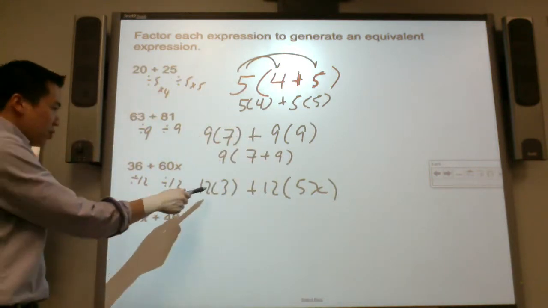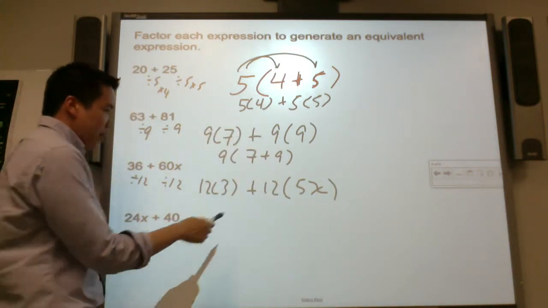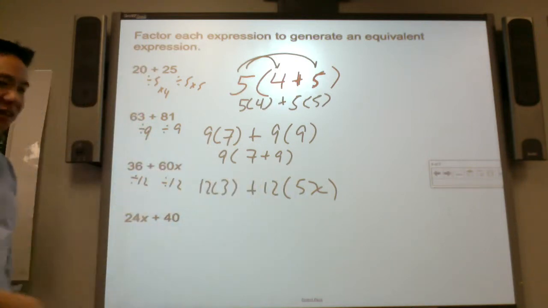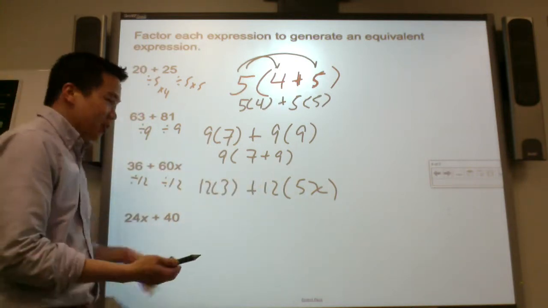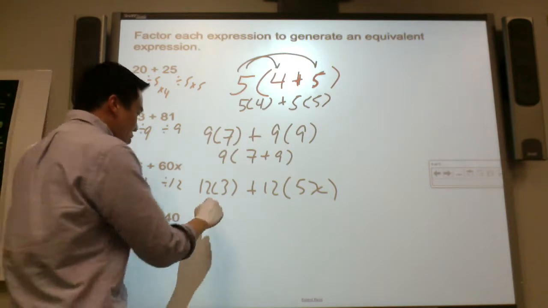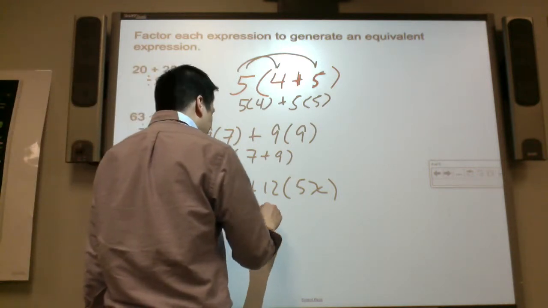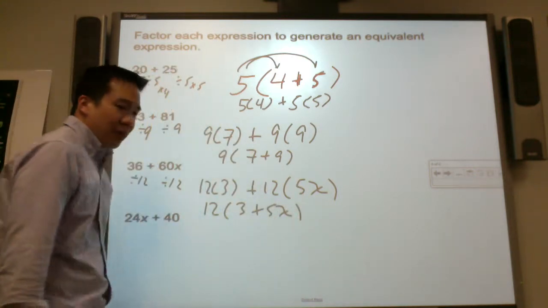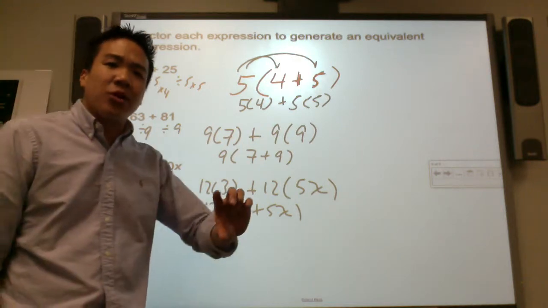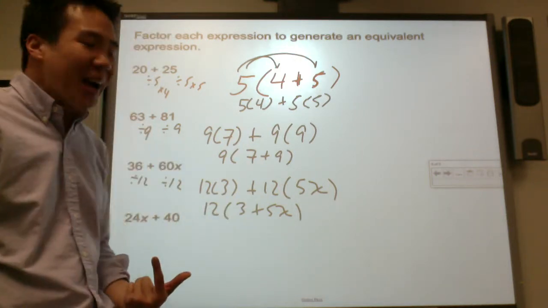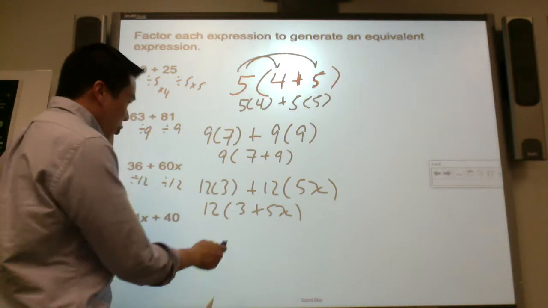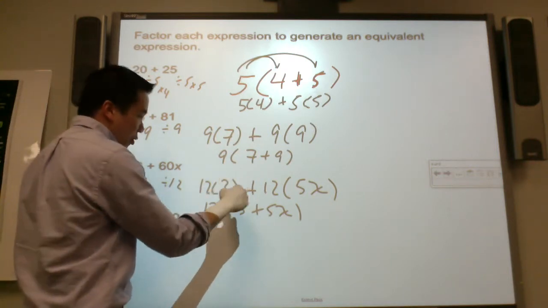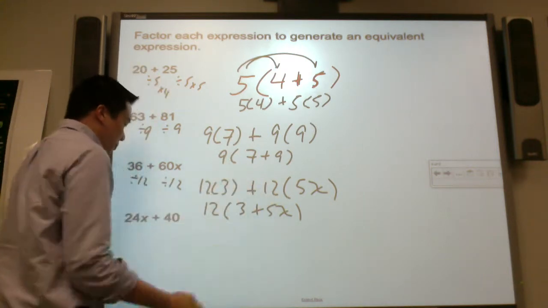So 12 groups of 3 is the same as saying 36. 12 groups of 5x is the same as 60x. Is there another one you can write? This is correct. Another way you can do it is, what about saying 12 groups of 3 plus 5x? So it's like using the distributive property but doing it completely backward. It's like your reverse, instead of going this way, you're going backward.